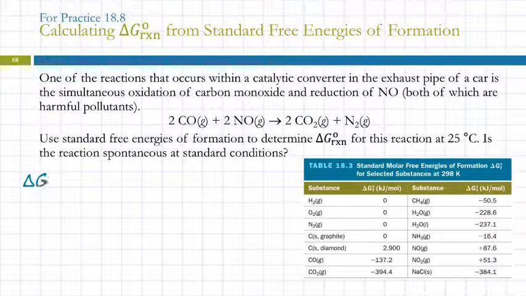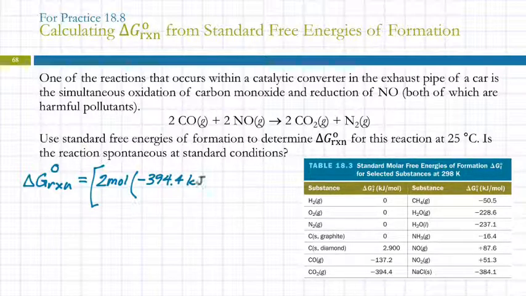So we're going to say delta G for the reaction is, we're going to take the products. So we've got 2 moles of CO2, and over here CO2 in the gas state minus 394.4. And that's kilojoules per mole. The moles cancel. And then we've got nitrogen, and that's going to be 0, but maybe we forgot that it's 0. 1 mole times, we look it up, oh, yeah, 0.